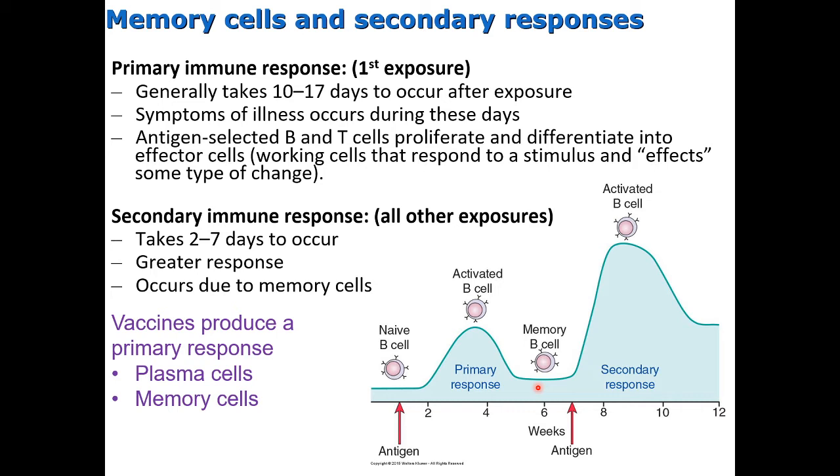So when we have a vaccination, what we're getting is a primary response, the creation of plasma cells and memory cells, so that if our bodies see the invader a second time, the response is much faster and has a much greater magnitude because the memory B cells are already in the lymphatic tissues.